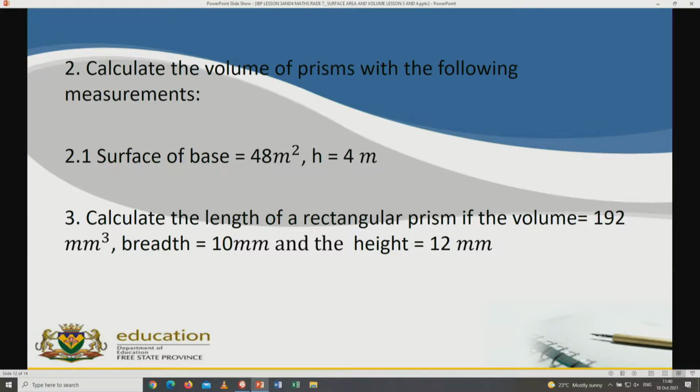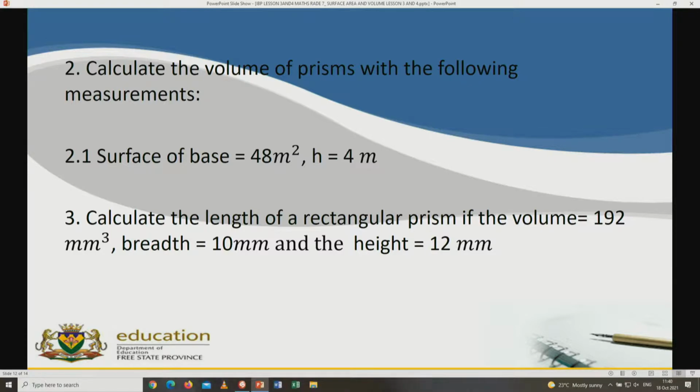Calculate the length of a rectangular prism, if the volume is 192 cubic millimeters and the breadth is given as 10 millimeters and the height of that rectangular prism is now given as 12 millimeters.